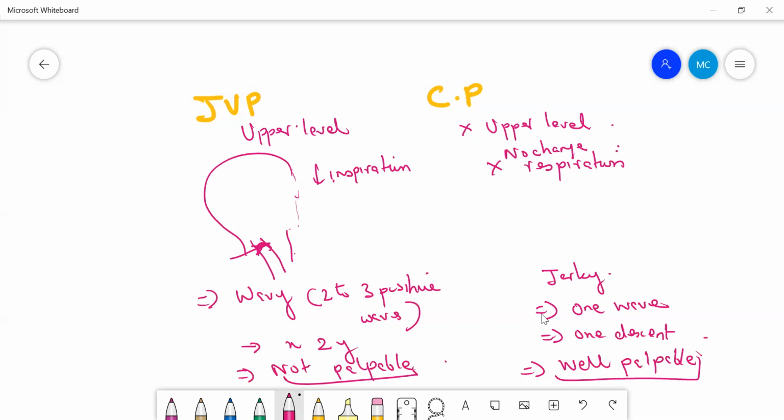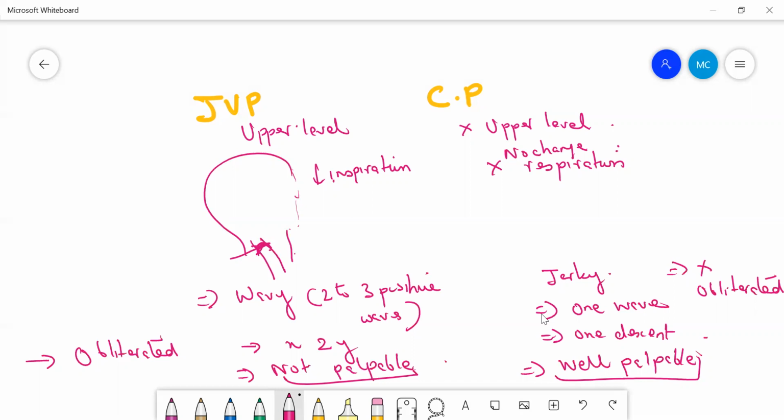Okay. Then the next point is, for the jugular venous pulse, if you apply a mild pressure at the root of the neck, it is obliterated. But the carotid pulse is not obliterated, even if you apply pressure at the root of the neck. So when you go for your practical classes, to the wards, you can very well see this.